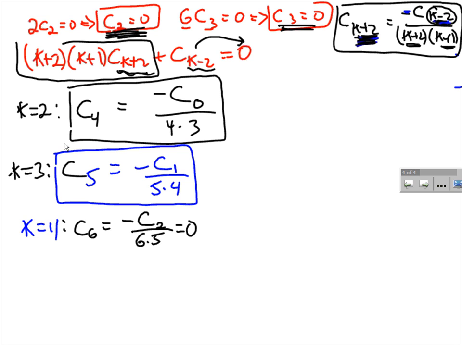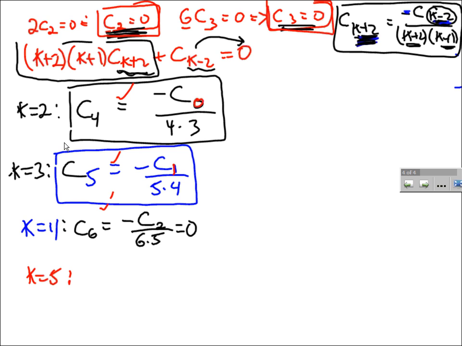And for the record, we have c sub 2, we have c sub 3, we now know c sub 4, 5, and 6. But those are in terms of c sub 0 and c sub 1. And they're all going to be in terms of that, the ones that at least are not 0.